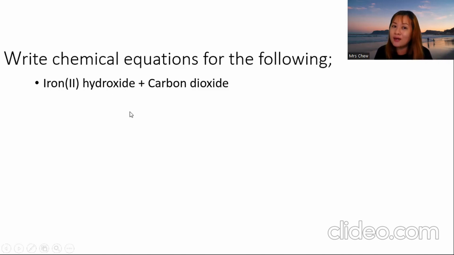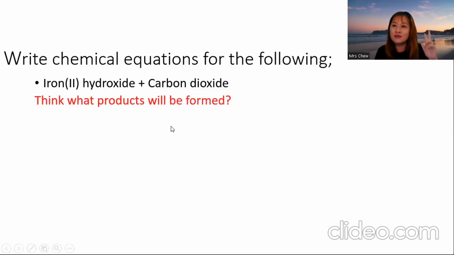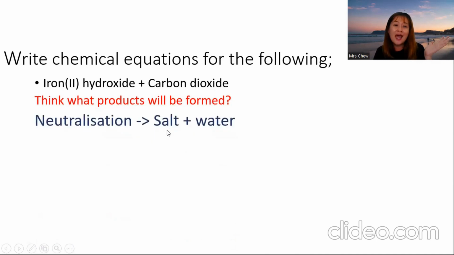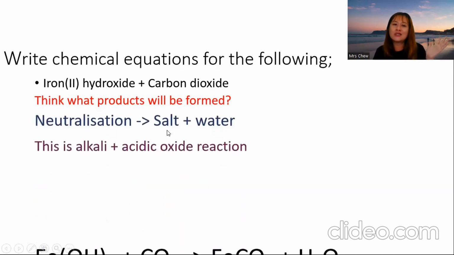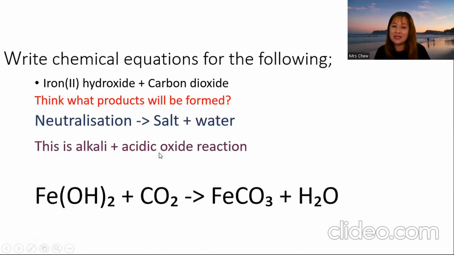So an alkaline reacts with an acidic oxide. That means an alkaline reacts with an acid, and it's actually neutralization. So you must be able to identify them. Then you will know that the product formed is just salt and water. So this is actually an alkaline plus acid reaction. So you have this, okay?